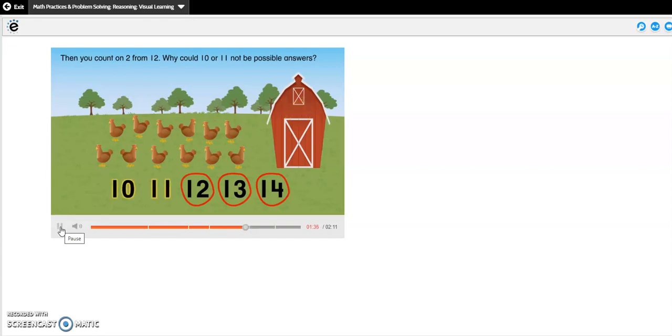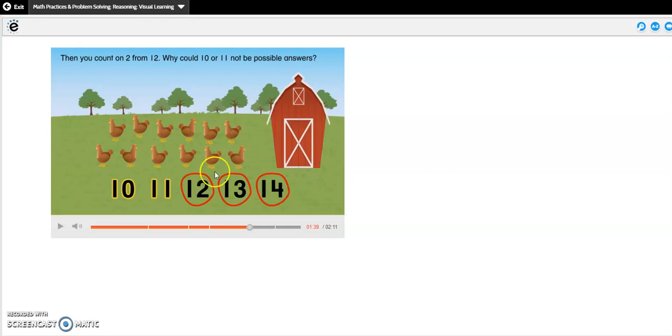Why could 10 or 11 be answers? Okay, so why can 10 or 11 not be possible answers? If we have 12 hens outside the barn, and maybe there's 0 or 1 or 2 inside the barn, would we be adding to 12 or taking away from 12?